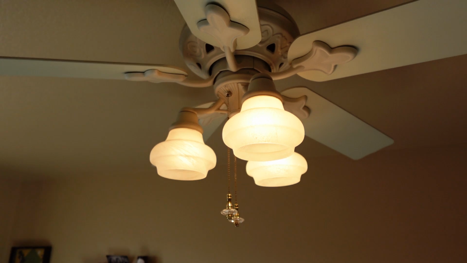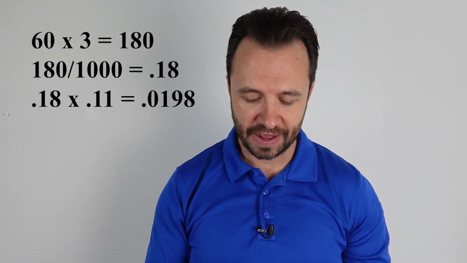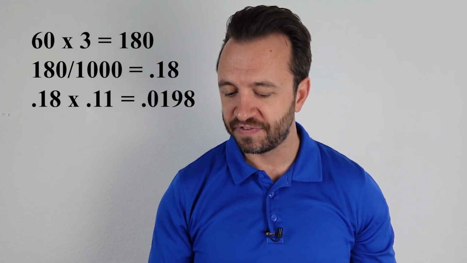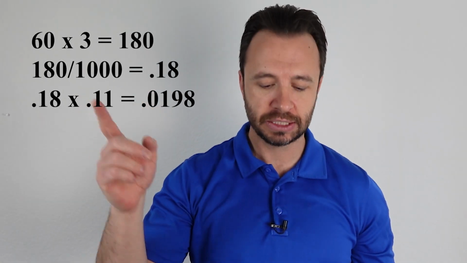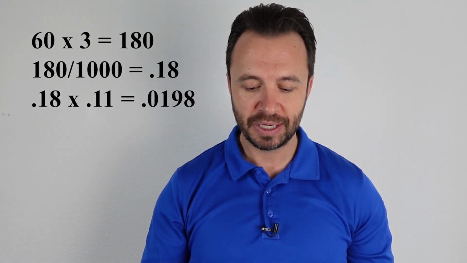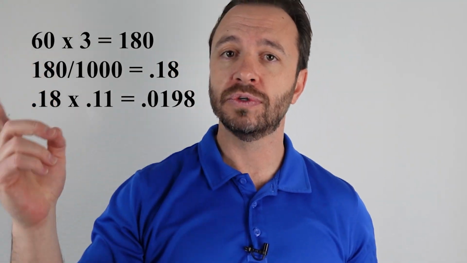So in this fixture here, I've got 3 lights. You're going to calculate how much it costs me to keep the lights on in that fixture. I take this 60 watts multiplied by 3, so that's 180 watts. I divide that by 1,000, because we want kilowatts. That's 0.18 kilowatts. I multiply that by the 11 cents, and that gives me about 2 cents per hour to run all 3 of those bulbs.